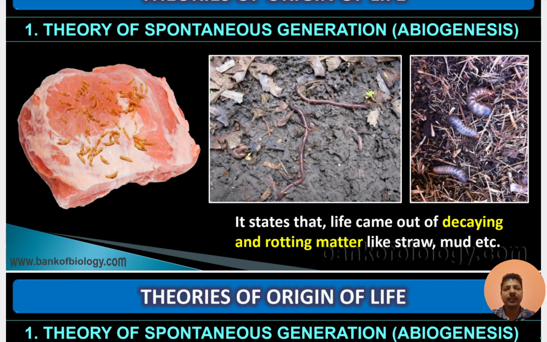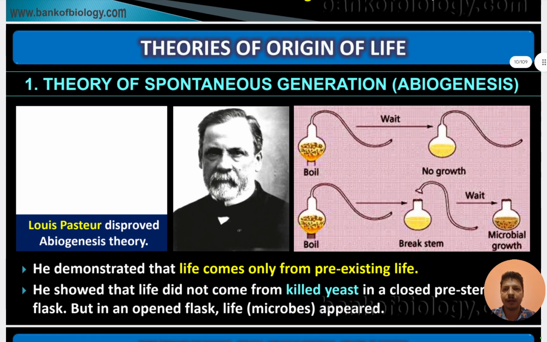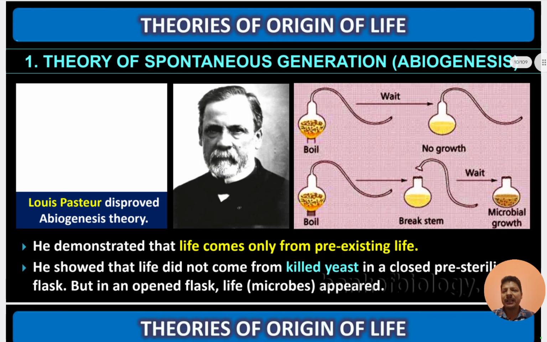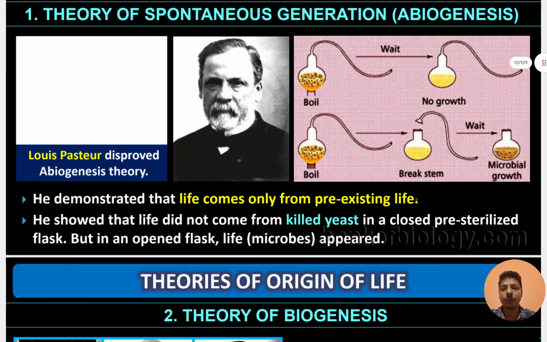So they think that life came out of decaying and rotting matters like straw and mud, etc. Then Louis Pasteur disproved the abiogenesis theory. He demonstrated that life comes only from pre-existing life.